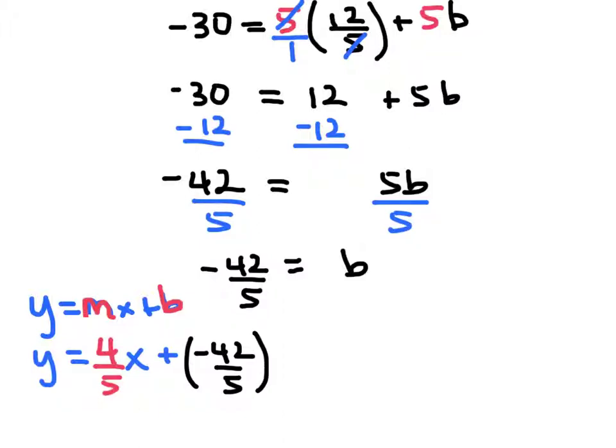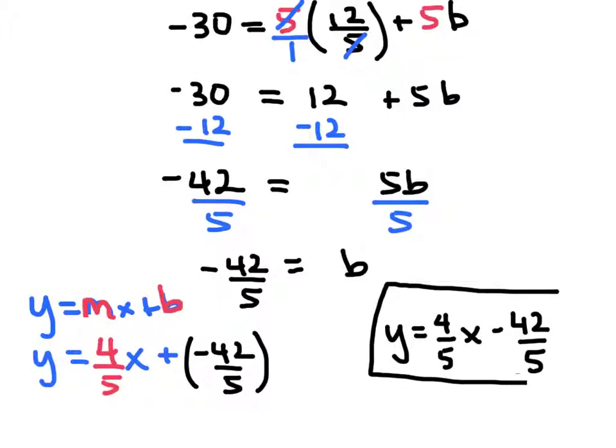We've run into this situation earlier: whenever you have plus a negative, it's better to rewrite it as minus so that the problem is simplified. So our final answer will be y equals 4/5 x minus 42 over 5. And that is the equation of the line with slope 4/5 passing through the point (3, -6).